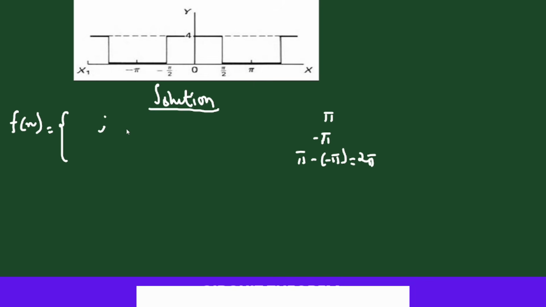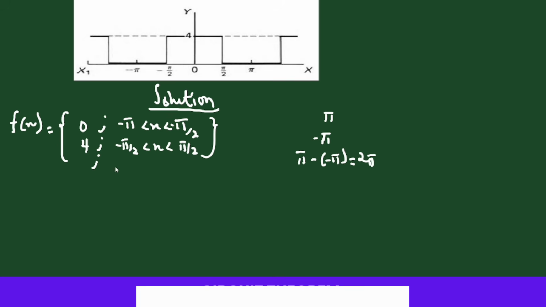First of all, from negative pi to negative pi on 2, realize that it is on the x-axis. That means f of x is equal to 0. And from negative pi on 2 to positive pi on 2, realize that x is on the horizontal axis at 4, so f of x is equal to 4.